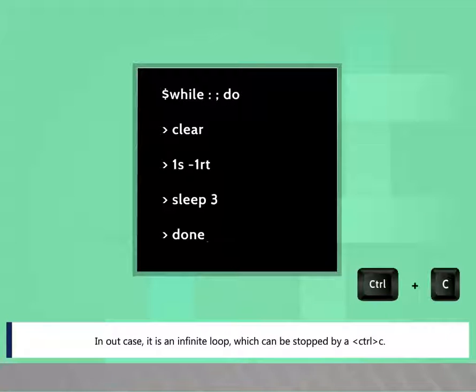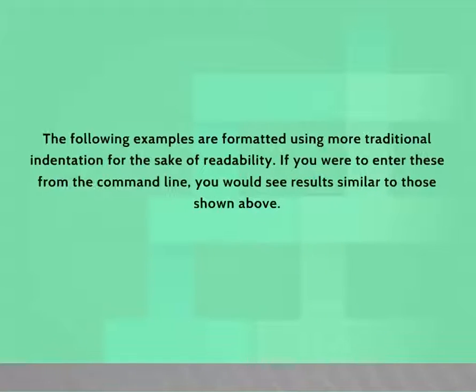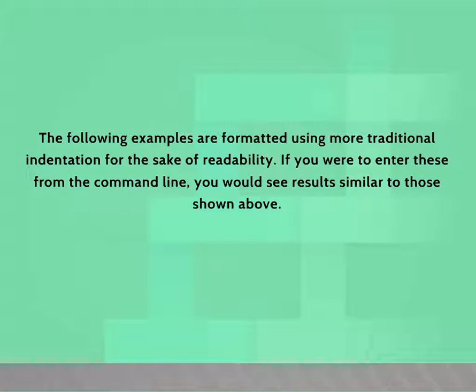In our case, it is an infinite loop which can be stopped by Ctrl+C. The following examples are formatted using more traditional indentation for the sake of readability. If you were to enter these from the command line, you would see results similar to those shown above.